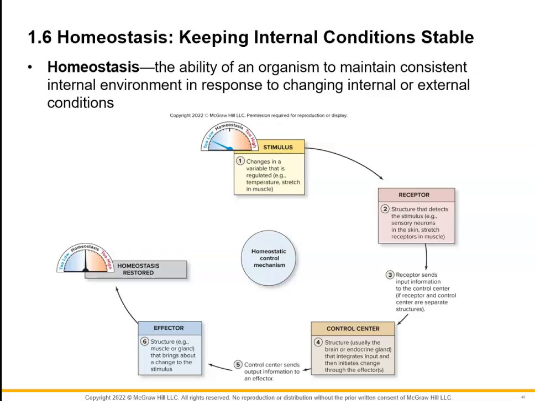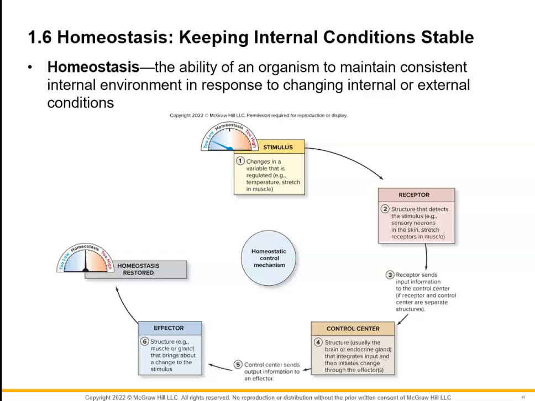What happens when it gets too hot in your house? Well, the change in temperature is a stimulus. Something changed in the environment. It was detected by a receptor, your thermostat. Receptors get information and send it to the control center. Well, the control center determines whether or not you need to turn on the air conditioner or the heater.